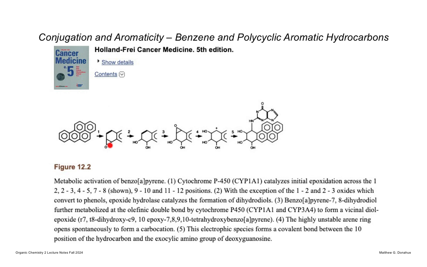It gets oxidized by the liver. The epoxide opens. You get this more polar functional group. The other double bond gets epoxidized. That opens up to this, and then it's trapped by a base present in DNA. So it's a DNA alkylating agent. And then another molecule on the other strand comes over here and cross-links them.